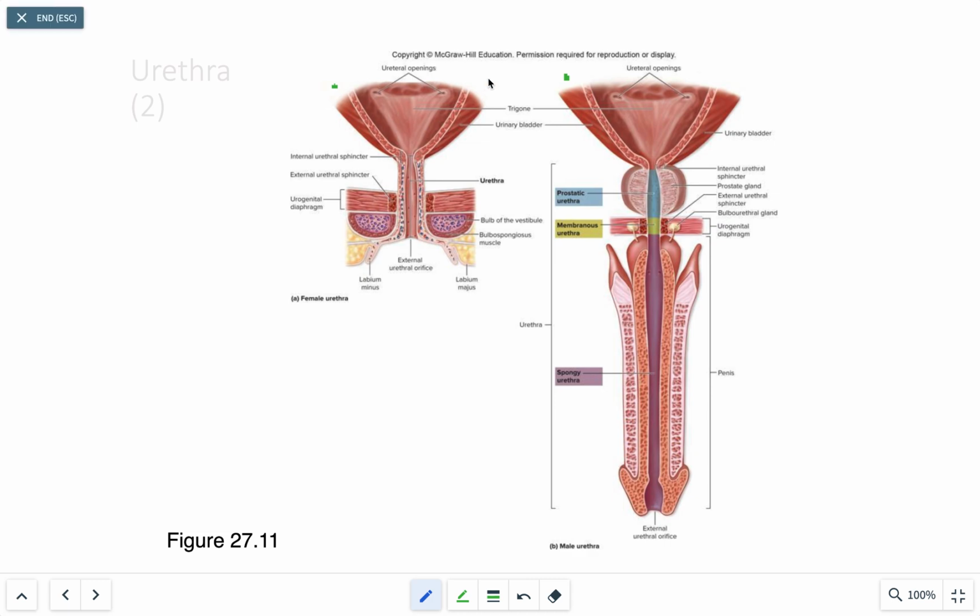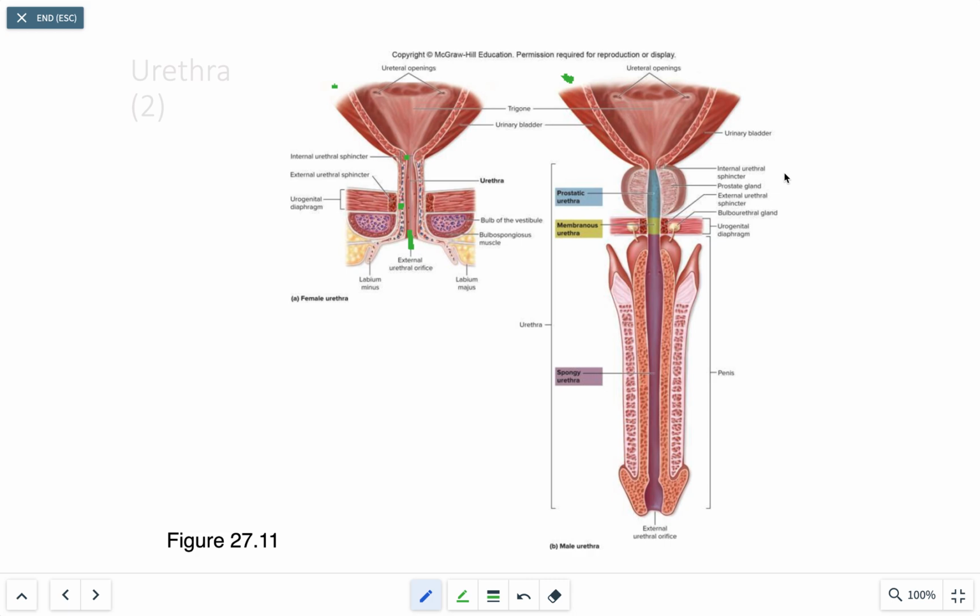The male urethra has urinary and reproductive functions. The first parts that both have are the internal urethral sphincter, the external urethral sphincter, and then eventually the urethral orifice.